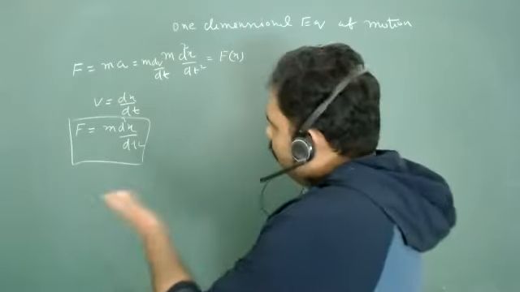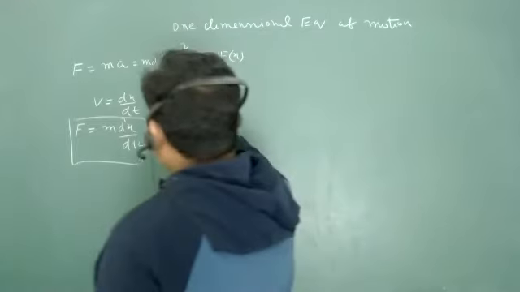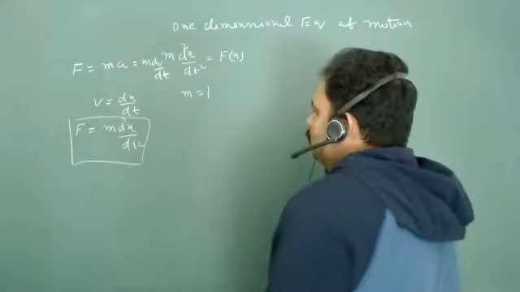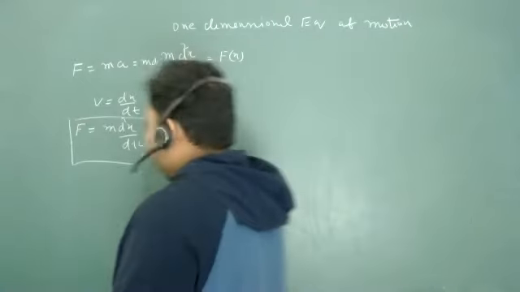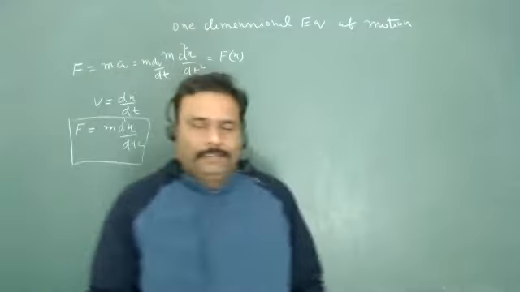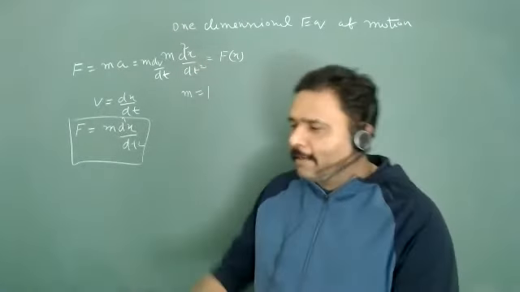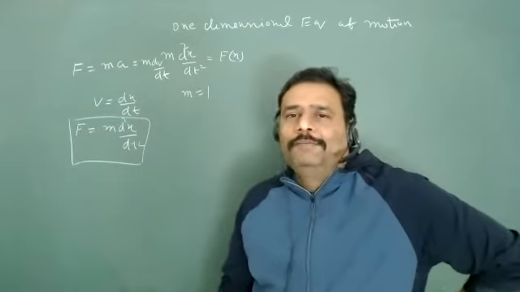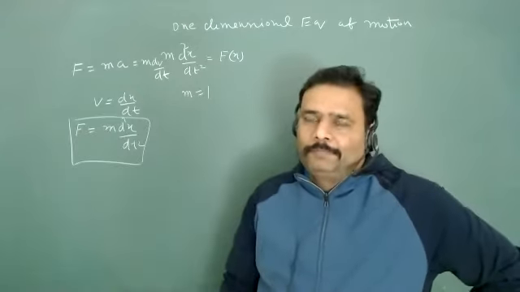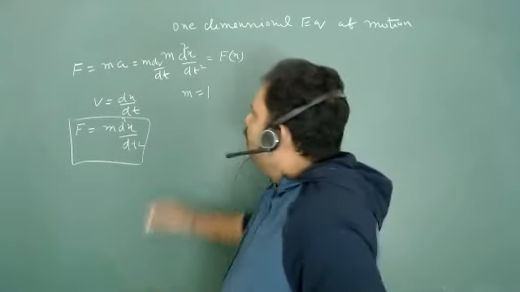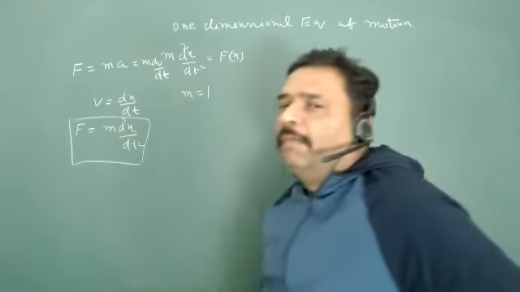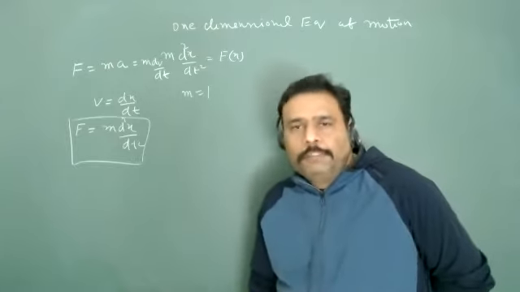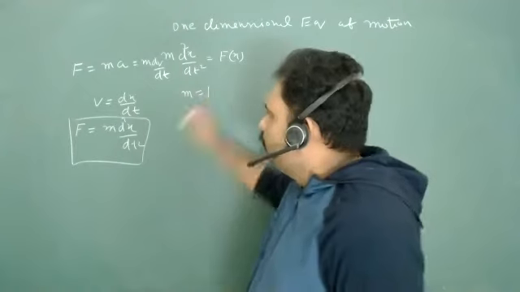And for solving purposes, I am just going to take m is equal to 1 because mass is just a mass and I am in the non-relativistic era. So mass is not varying with the velocity. We will also solve that equation of motion where mass varies with the velocity. But right now, I just assume that this mass, which is nothing but the measurement of inertia from Newton's first law, is m is equal to 1.